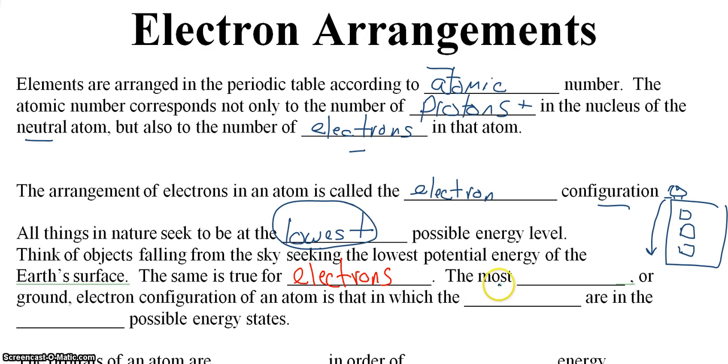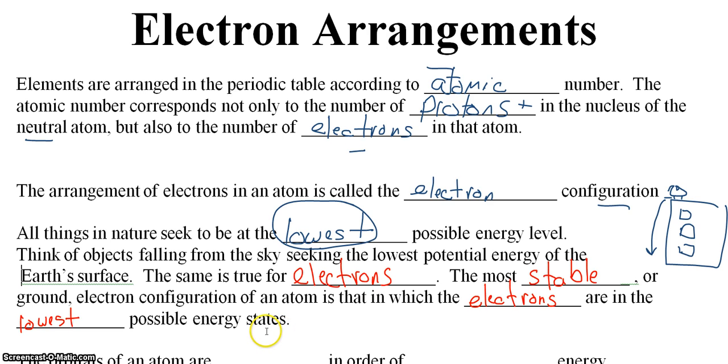The most stable or ground electron configuration of an atom is that in which the electrons are in the lowest possible energy states. Now, hopefully you've got the idea that atoms want to be at low energy. They don't like to be at high energy things.